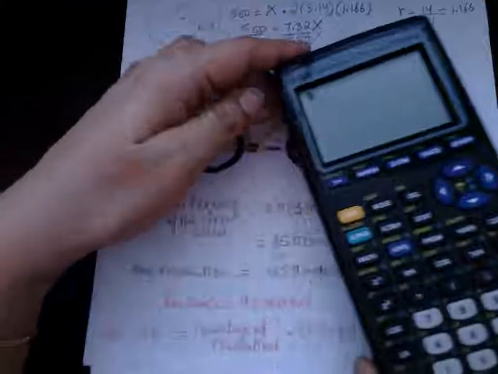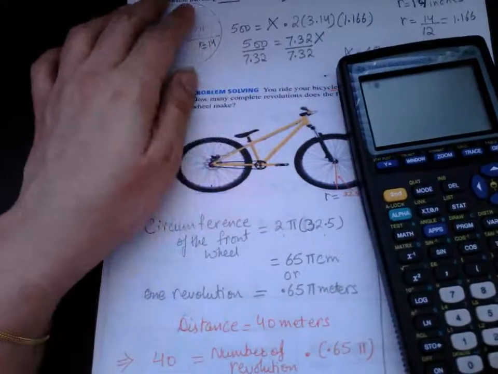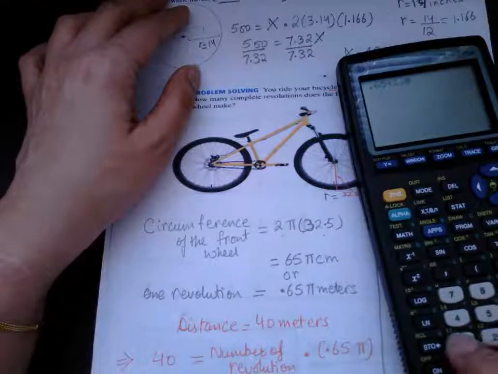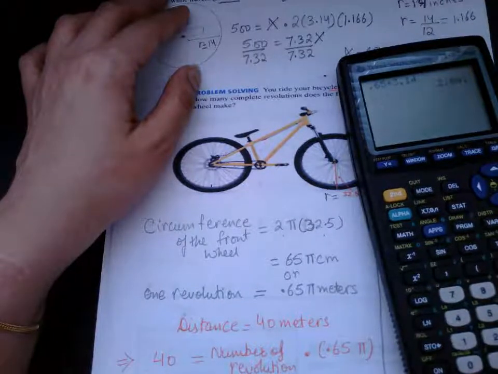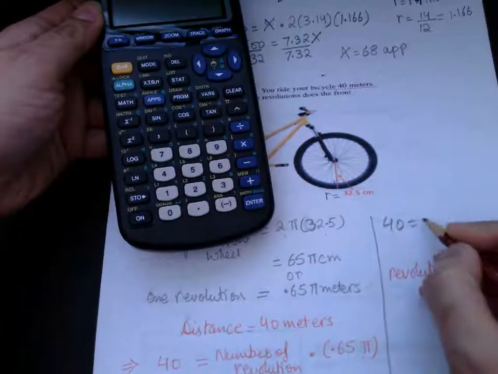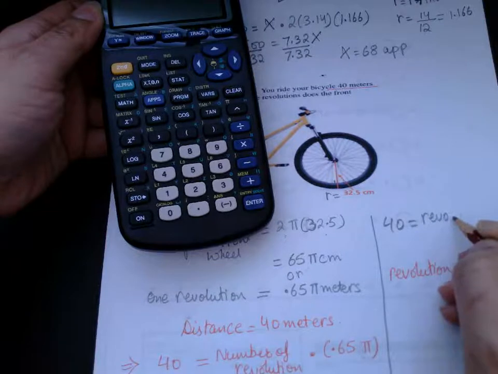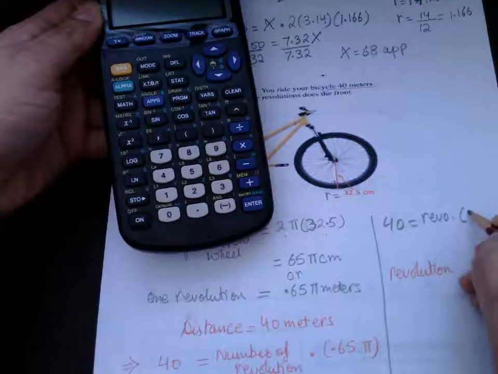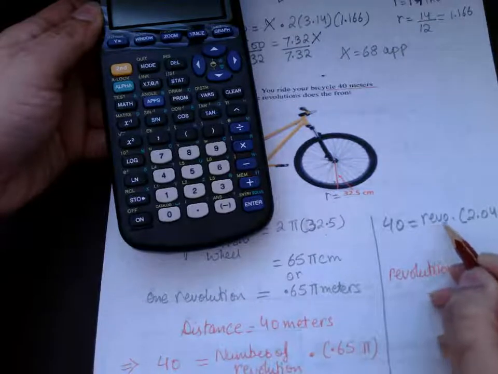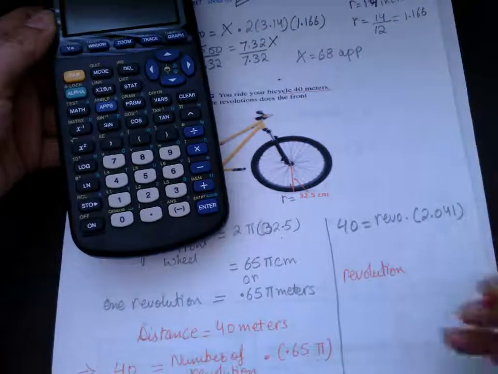If I plug this in the calculator, 0.65 times 3.14 should be 2.041. So 40 is equal to x times 2.041. To find this unknown, what do I have to do?